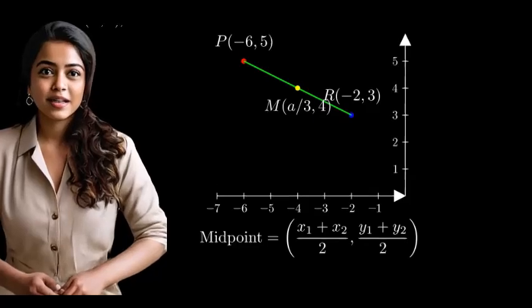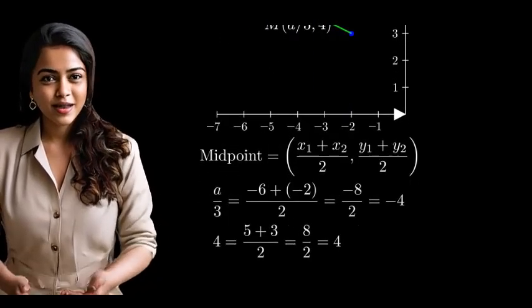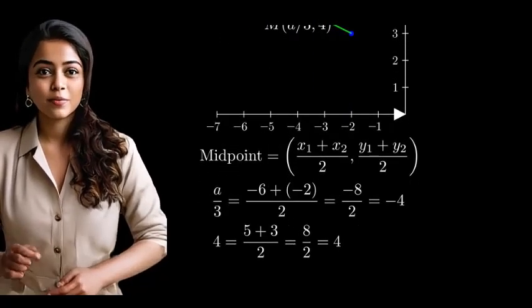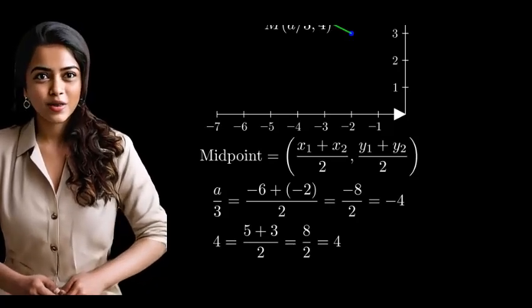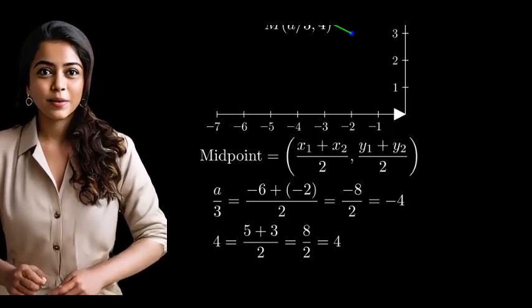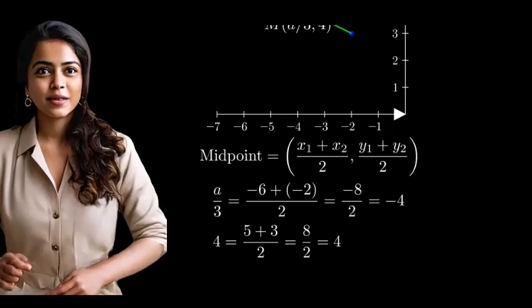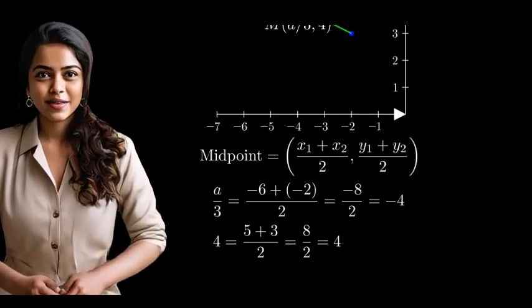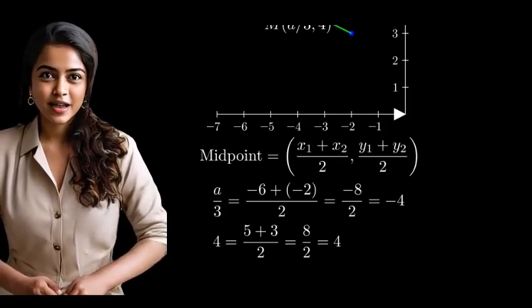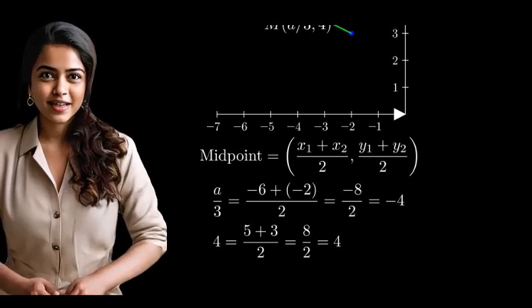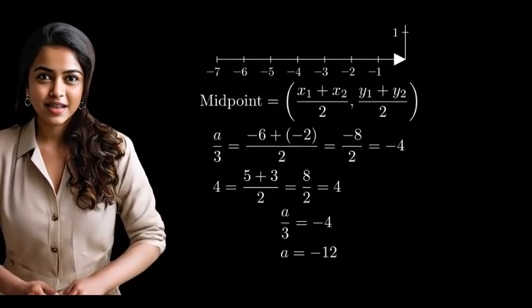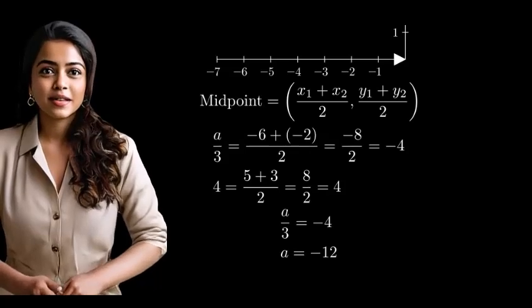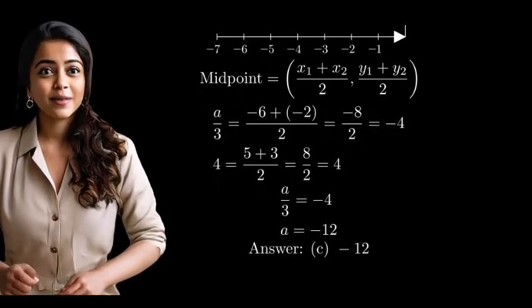Using this formula, A/3 equals (-6 + -2)/2 equals -8/2 equals -4, and 4 equals (5 + 3)/2 equals 8/2 equals 4. From the first equation, A/3 equals -4, or A equals -12. Therefore, the answer is C, -12.